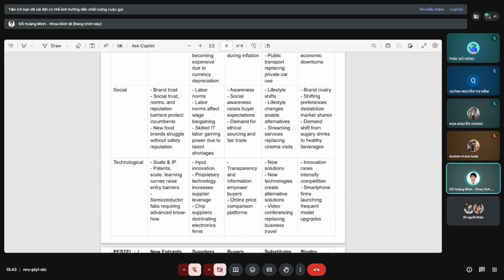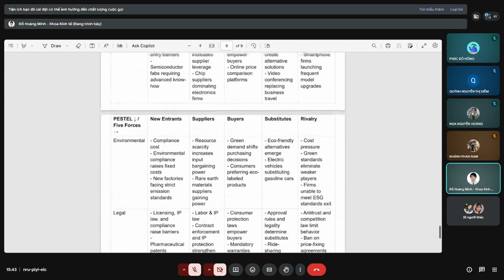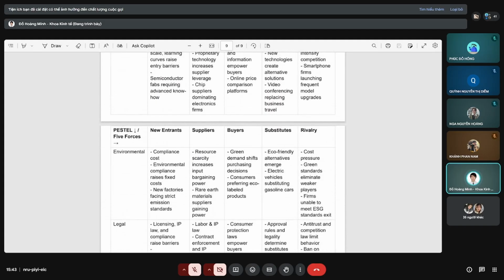Okay, so the environmental factors can lift the barrier up, because in order to produce some products, the entrant has to meet some environmental requirements.